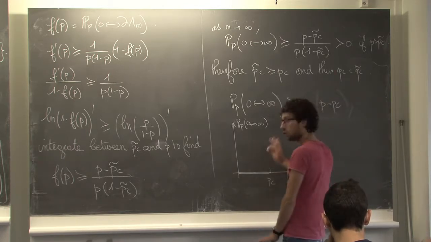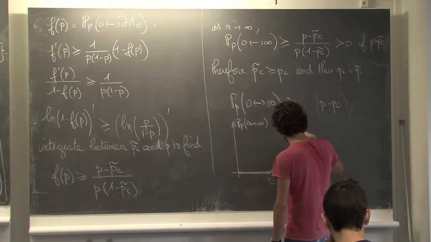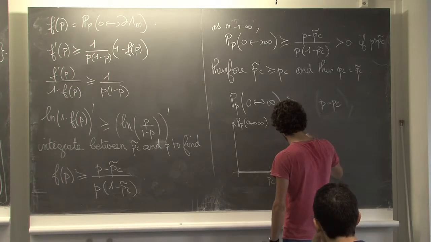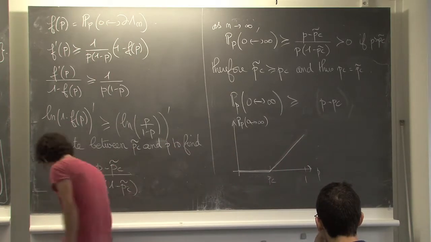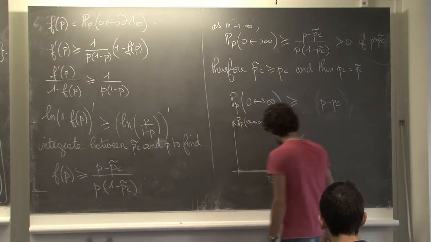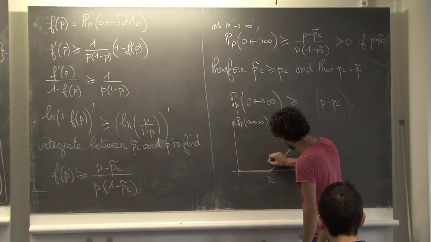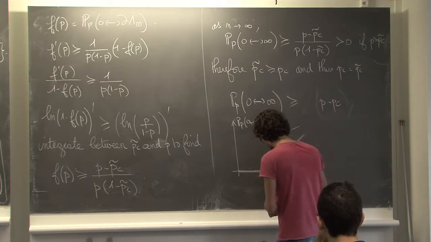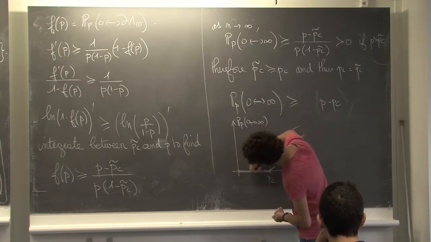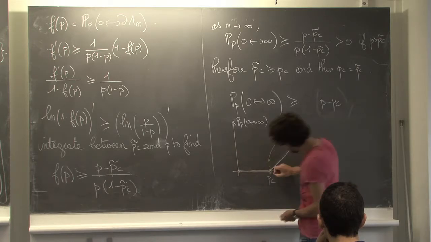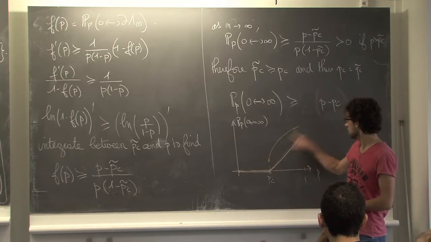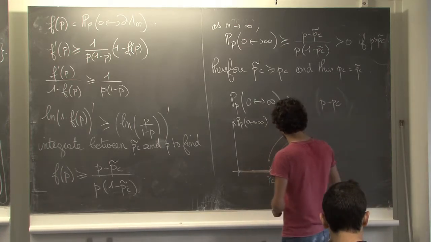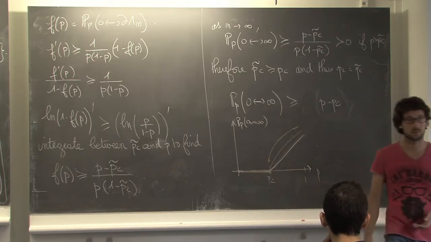And then I have no clue what it is, but I know it is larger than a line like that. So maybe it actually starts here and does something like that. Maybe it starts here, but then it's not differentiable, for instance. So if it starts here, it will have to be above.